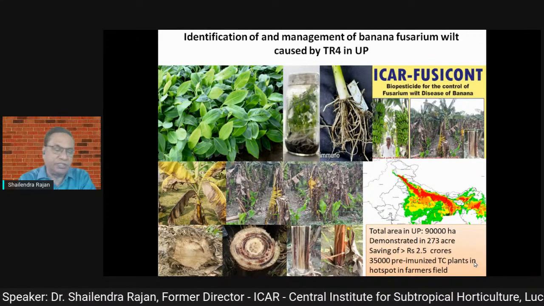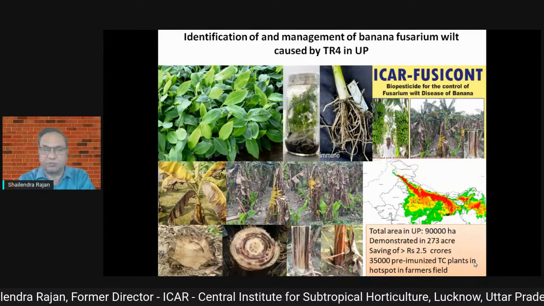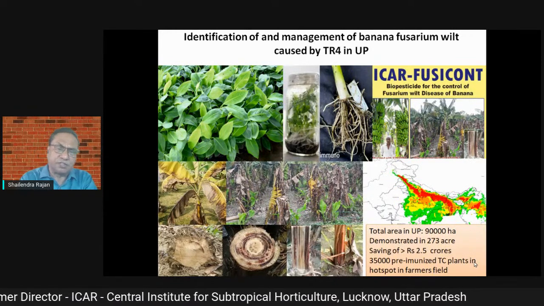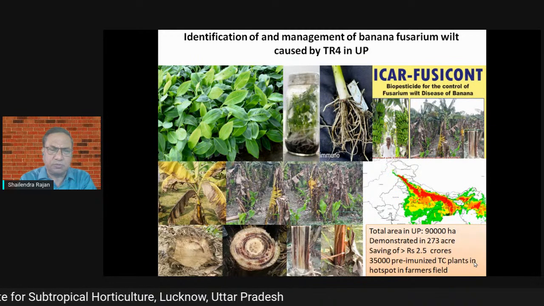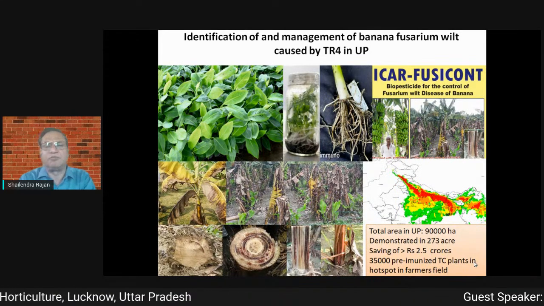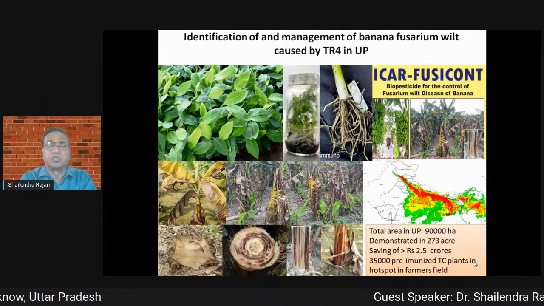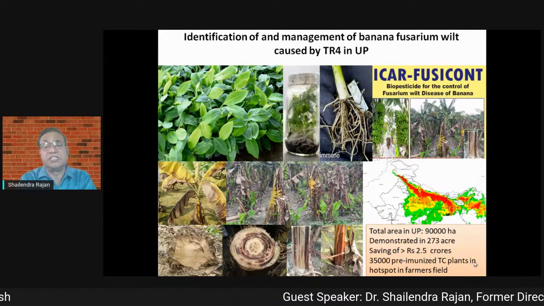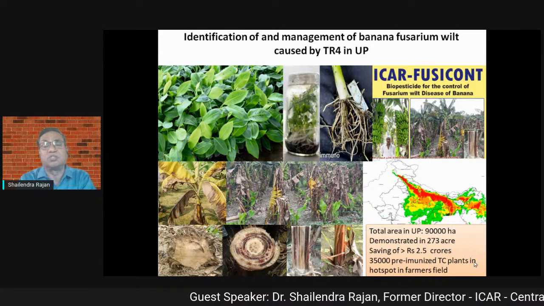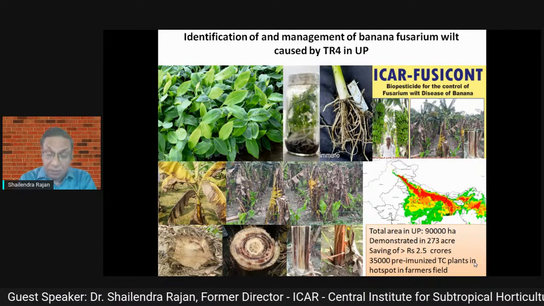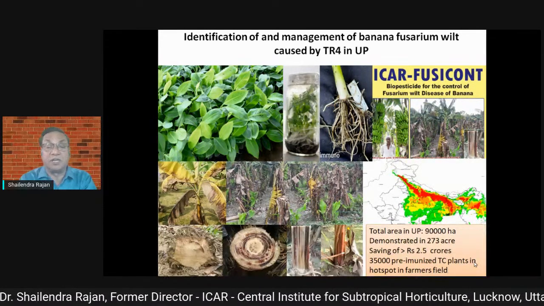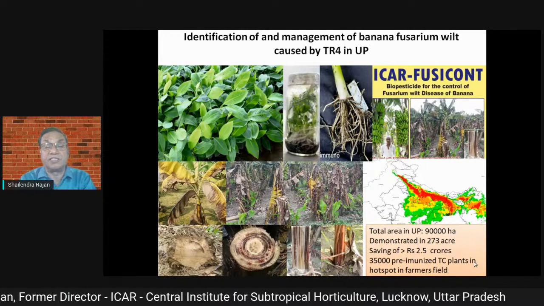Still, there will be a possibility of growing all these crops successfully. Banana, which is considered a crop of the South, particularly Tamil Nadu, Maharashtra and others, has come up well in Uttar Pradesh and Bihar. It is now nearing about 90,000 hectares, which is now in comparison to many of the commercially producing banana states.